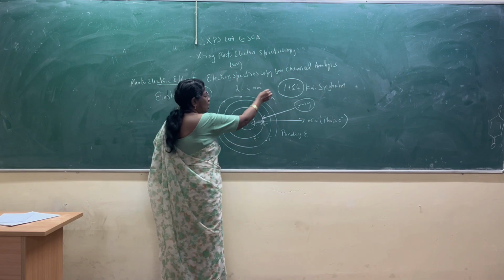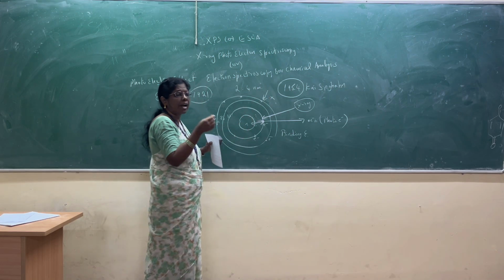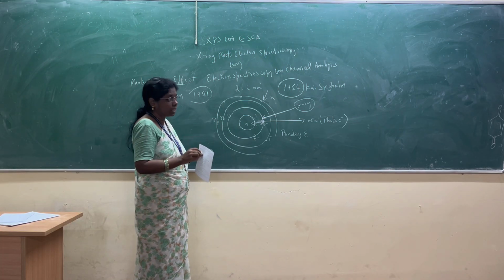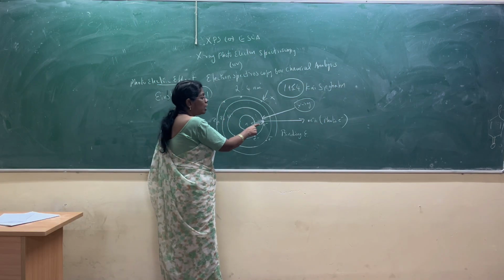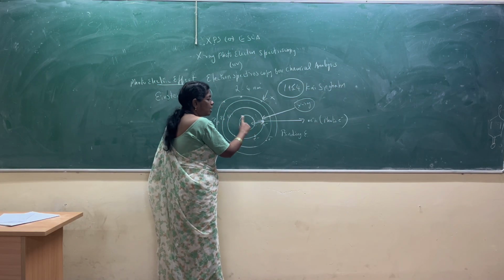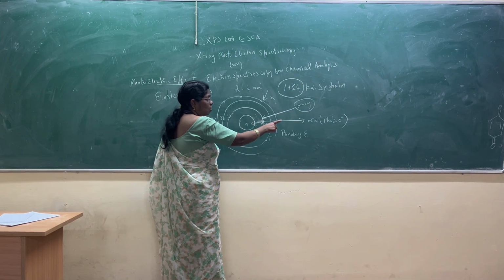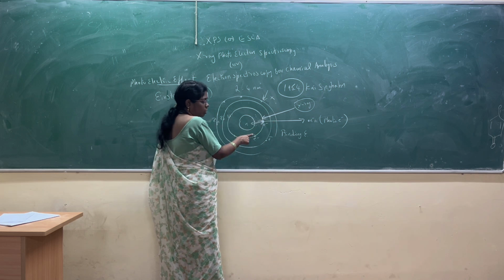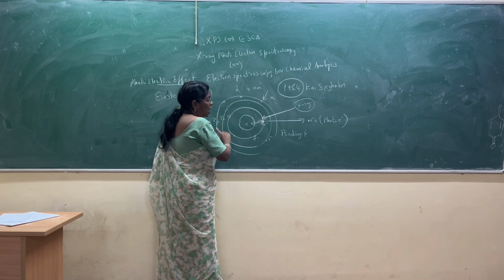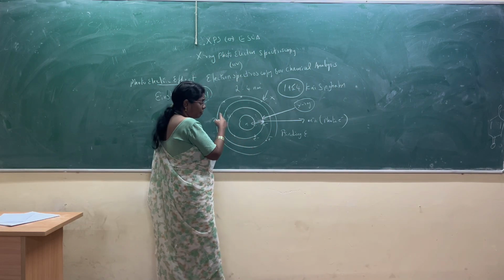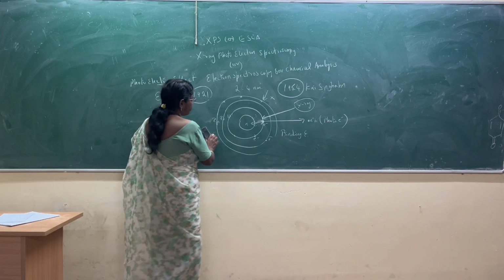So we use only the core electron, the innermost electron, ejected using the X-ray source, not the outermost, valence, or Fermi level electrons.